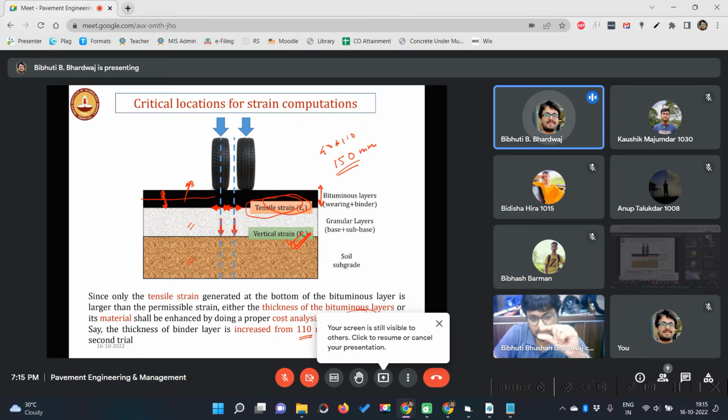Now if it is not failing at 120 and directly you have increased to 130, then you see 10 mm, 1 centimeter. 1 centimeter may look small, but think about the entire road, say a 100-kilometer road. 100 kilometer will be around 100 into 1000 meter, multiplied by this 1 centimeter. 1 centimeter is 0.01, 1 by 100, so two zeros will get cancelled.